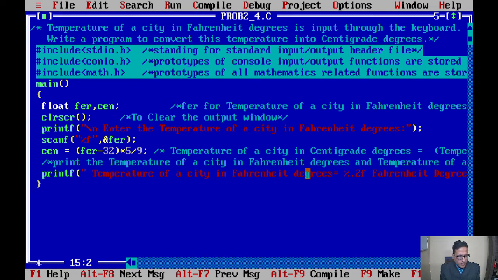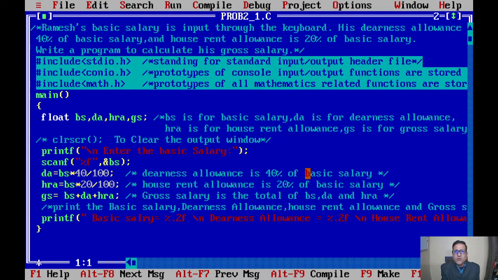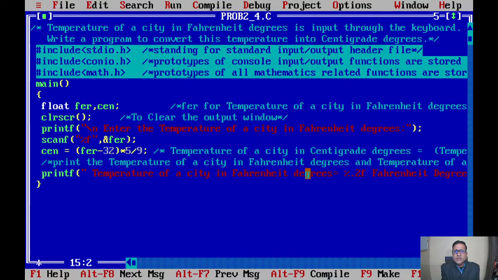In the problem number 2, I think there was some problem occurring, although it is right, but it is giving some problem here. So let's try again.